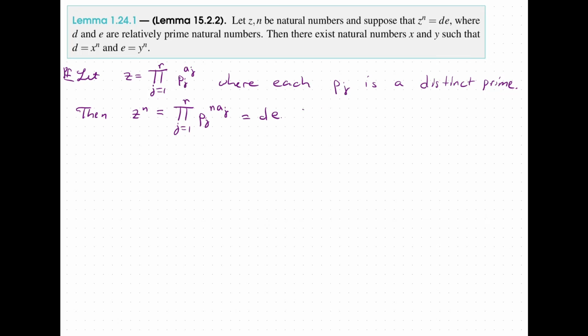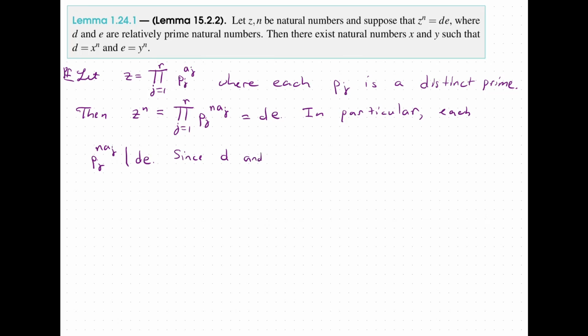So in particular, each p sub j to the n times a sub j divides d and e.